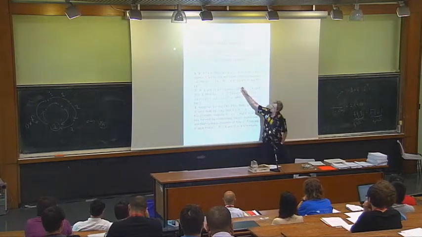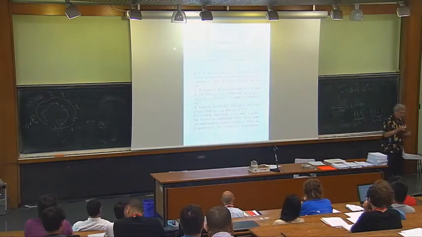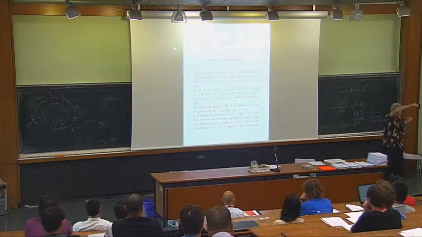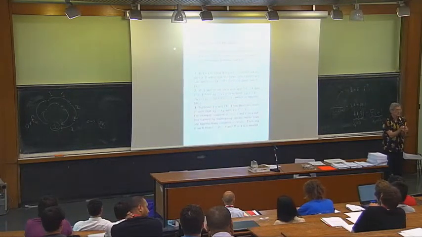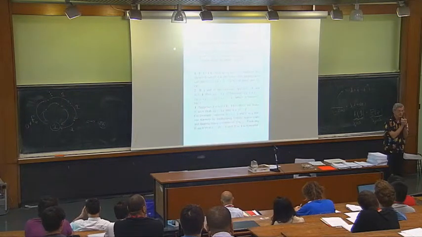Let's say at the 1 plus epsilon end, suppose I multiply by 1 plus epsilon. What happens to those first return loops? The weight of an n loop gets multiplied by (1 plus epsilon) to the n.